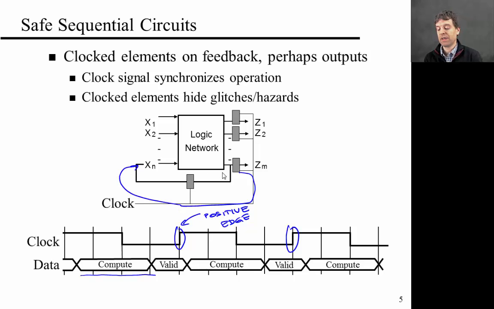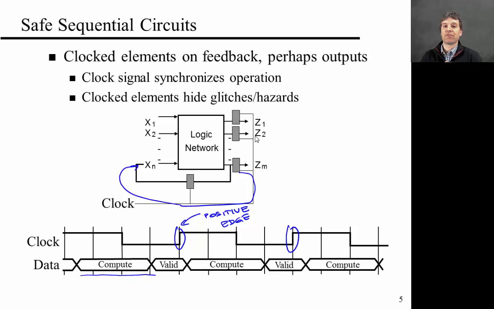Okay? So the clock acts as a filter where only at edges of the clock am I going to look at the values I have on the outputs. And that takes into account this issue of dealing with glitches that are temporary.